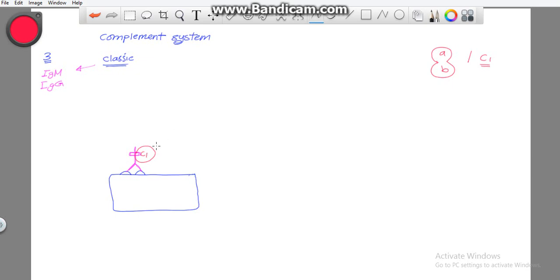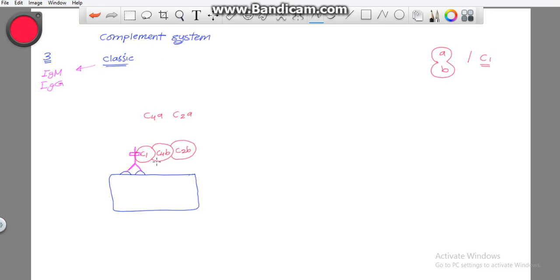Then it attracts C4. And of course, C4 is comprised of A and B portions. So actually it splits C4 into C4A, which goes away, and C4B, which stays attached to the C1. So this is C4B. Now, this attracts C2 in the same way, C2A and C2B, and then it will split into C2A, which goes away, and C2B, which remains here.